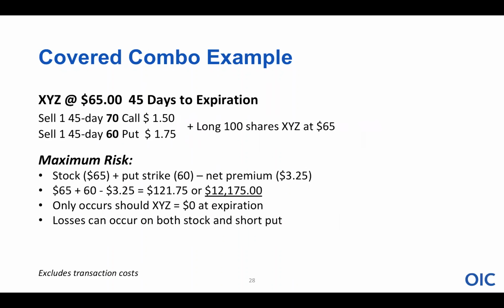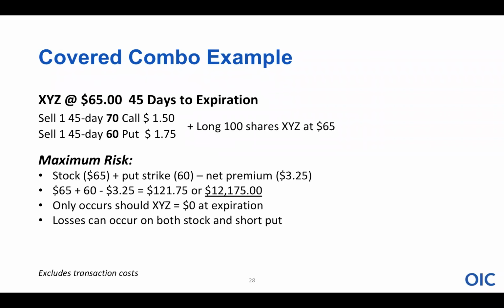So what is our maximum risk? Well, our maximum risk is the stock price that we paid for, $65, plus the potential for getting assigned on our short 60 put strike. So we would have to buy additional shares at $60 a share. So we take 65, add 60, and subtract the net premium that we took in of $3.25.